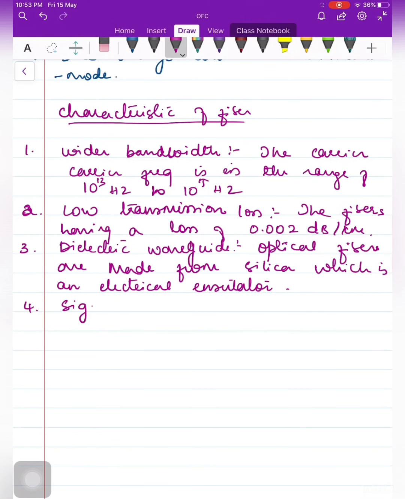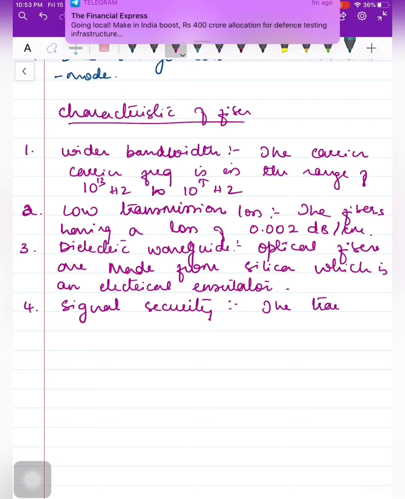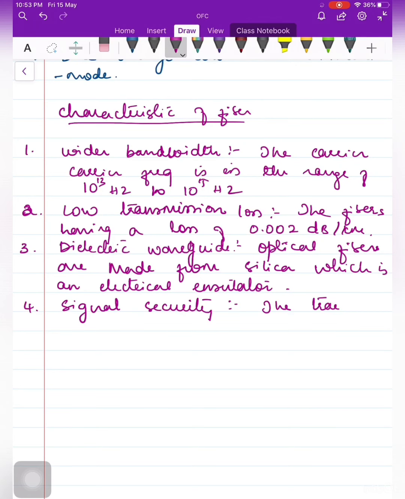Next is signal security. So what happens? The transmitted signal through the fiber does not radiate, hence there is signal security. The signal is not breached. I mean the signals are secured, the transmitted data is secured.